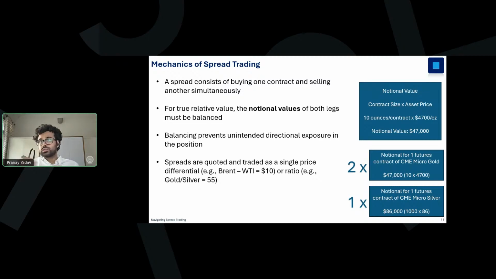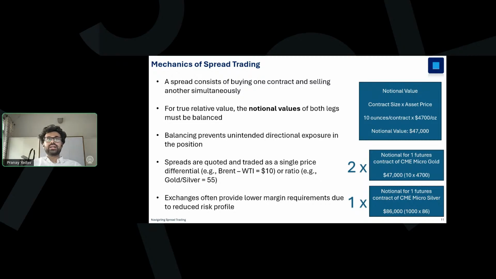Now, spreads can also be represented as a ratio. Here, I've highlighted gold versus silver as an example. Gold prices over silver prices gives you a ratio of about 55. And these are just two different ways of representing the same underlying spread quantity. It's not a different quantity, it's just a different notation to represent the same thing.